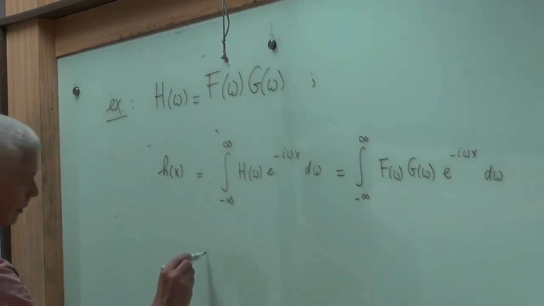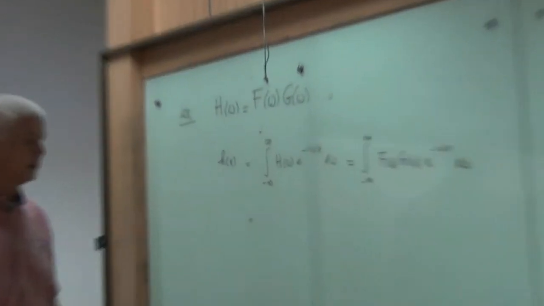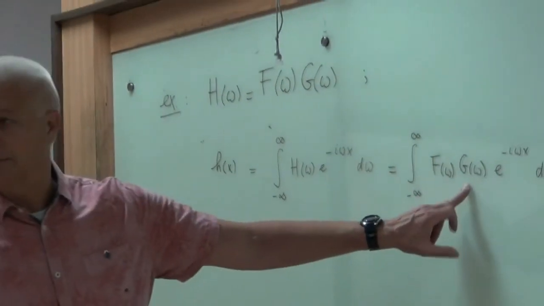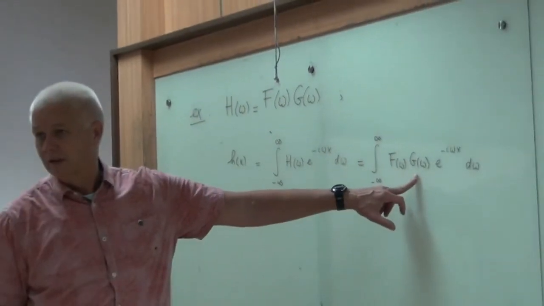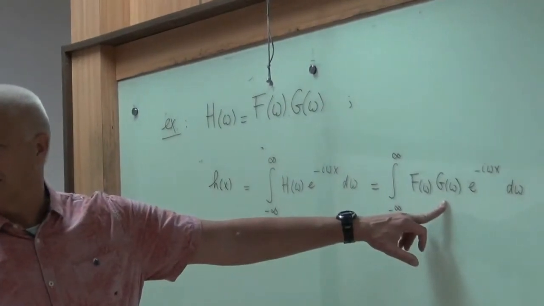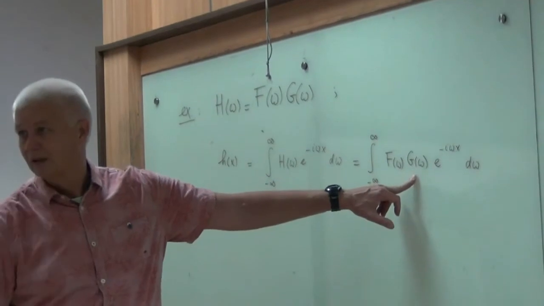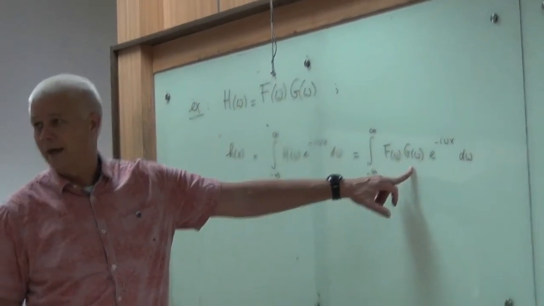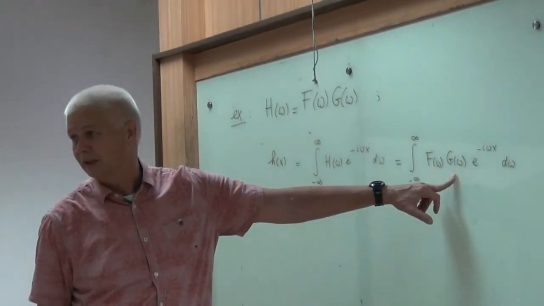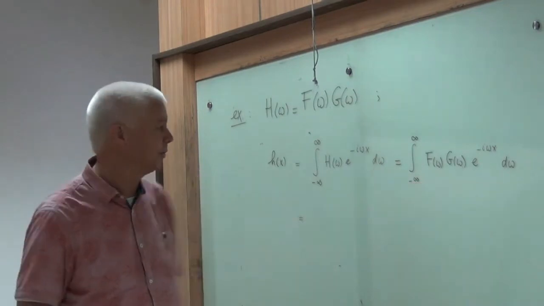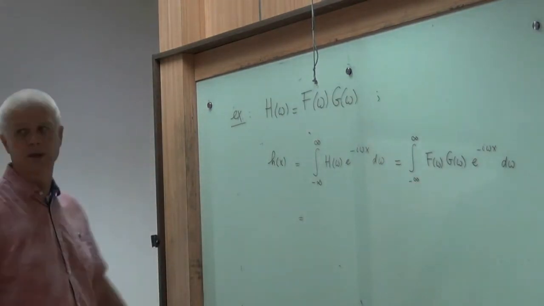What am I going to do? Well, I don't know so much. The only thing that I know, for instance, is my G omega, that's by definition 1 over 2 pi, integral from minus infinity to plus infinity of g(x) times e to the power i omega x dx. So let's substitute that into the problem.